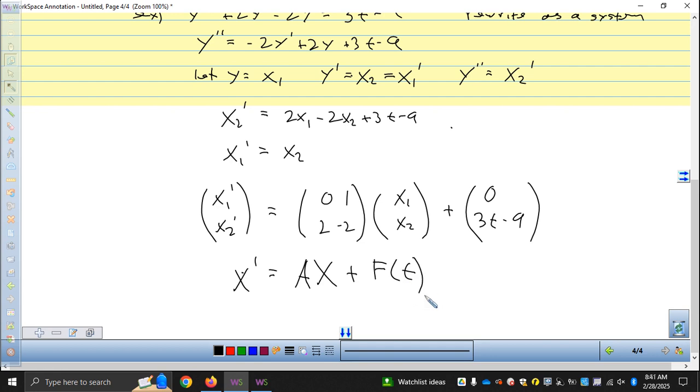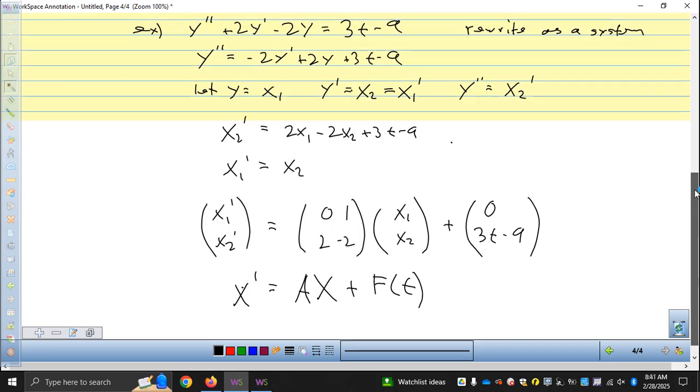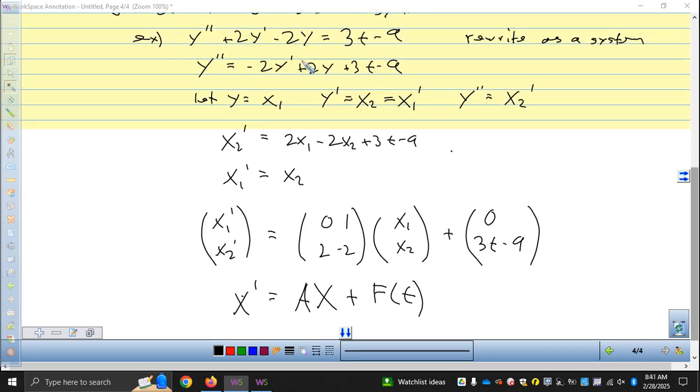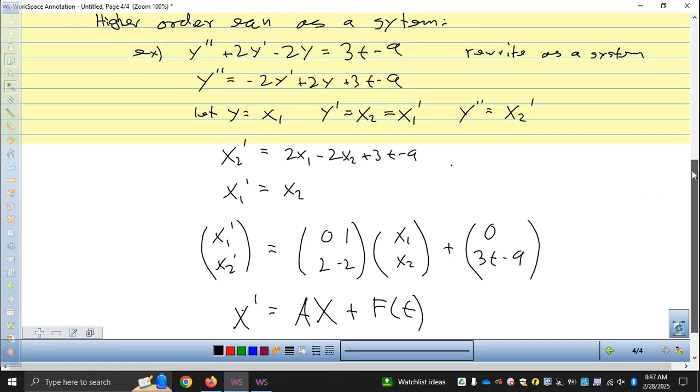So we've rewritten that second order differential equation as a system of first order differential equations. And in certain situations, this is going to be nicer and easier, giving us a way to solve the differential equation if this particular kind of differential equation would be hard to solve otherwise. All right, questions there?